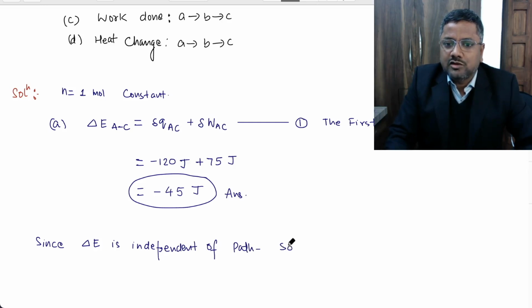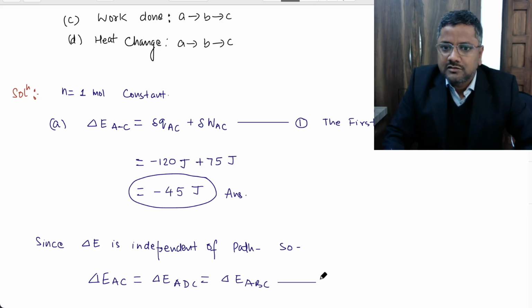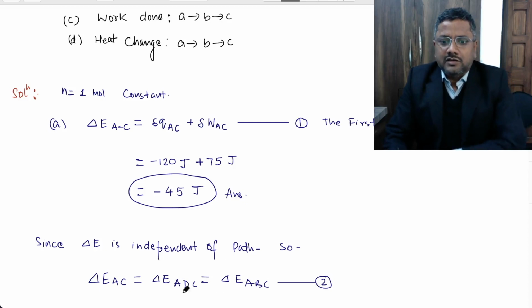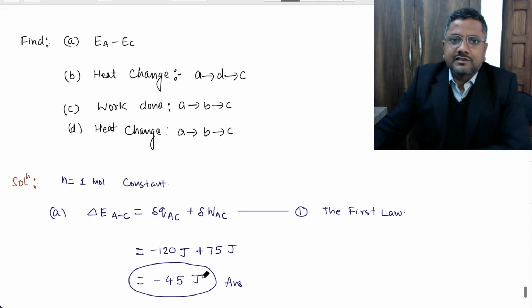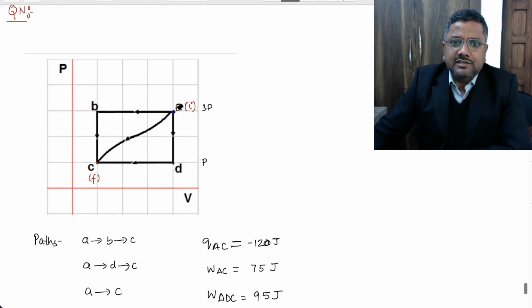what can we write? Delta E AC is equal to delta E ADC is equal to delta E ABC. Can we write this or not? This is a state function, so it depends on the value of P, V and T here. How this value is achieved is immaterial.